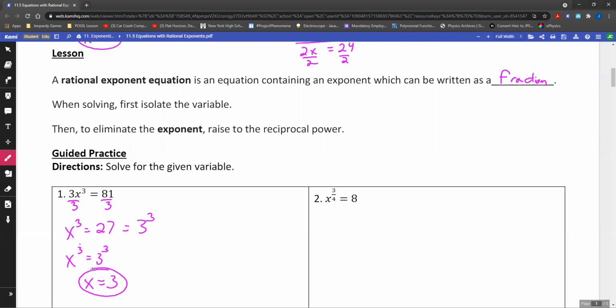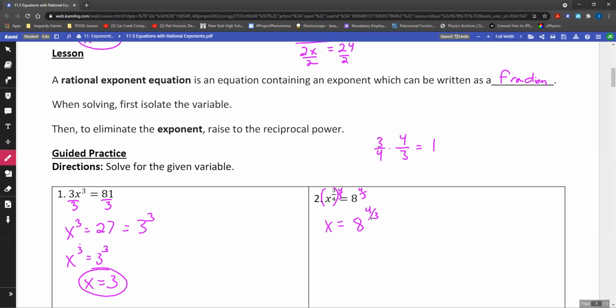The first one was easy, but here, the way we're going to solve it is we're going to raise both sides to the 4/3. This is what they mean by raising to the reciprocal. The reason is that 3 divided by 4 times 4 divided by 3 is equal to 1, because the 4's cancel and the 3's cancel. So this gets me my solution.